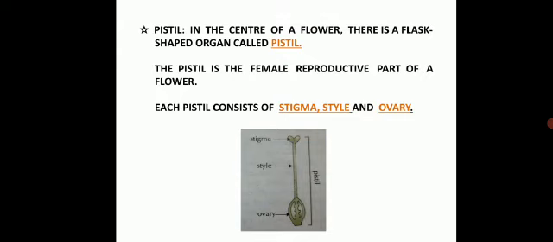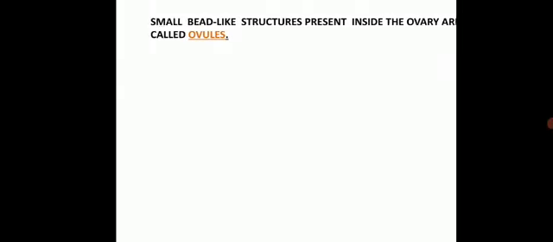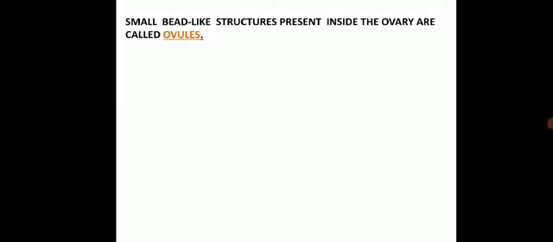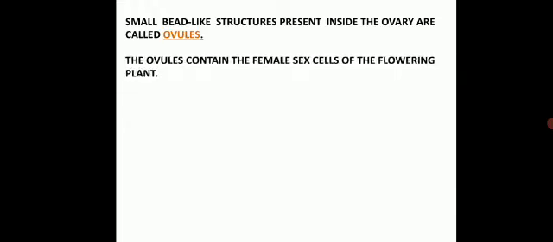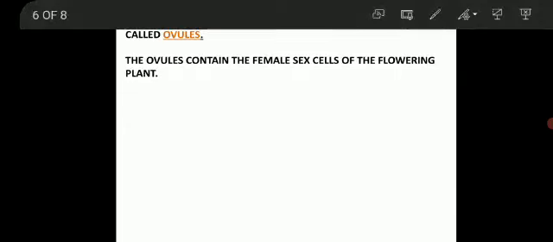Now you see the structure of the ovary. Small bead-like structures present inside the ovary are called ovules. The ovules contain the female sex cells of the flowering plants.